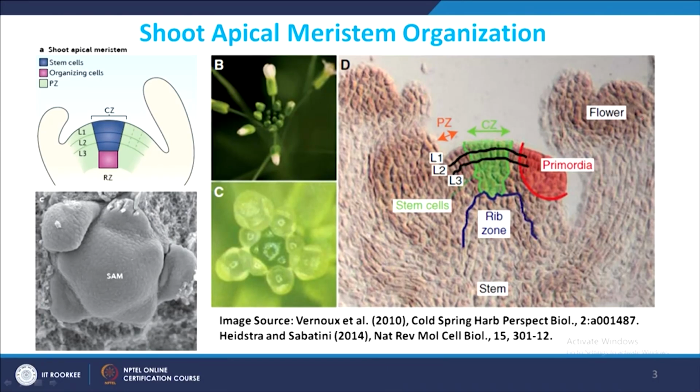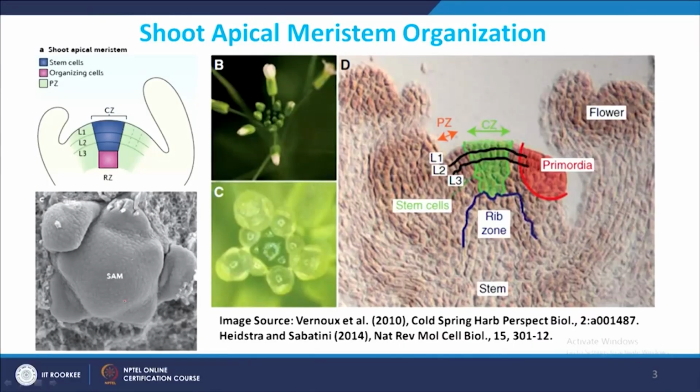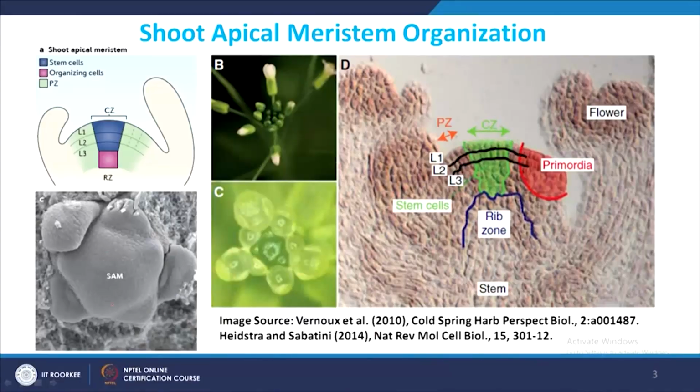One important thing I would like to tell here is that both the process of meristem maintenance and the process of organogenesis are highly coordinated, and they occur simultaneously. If this does not happen, if let us assume that meristematic activity is more than differentiation activity, then the meristem size will keep on increasing.